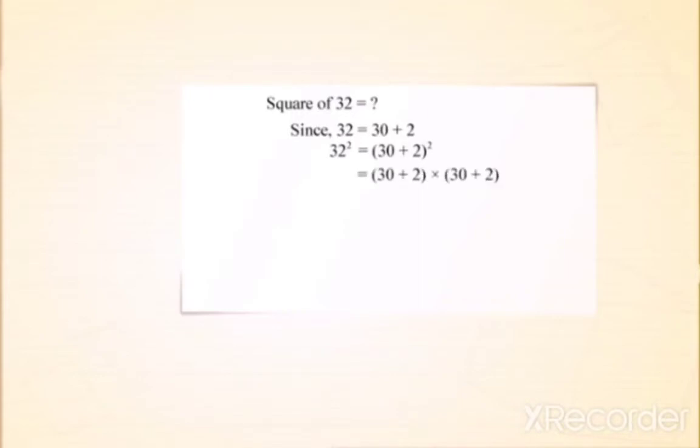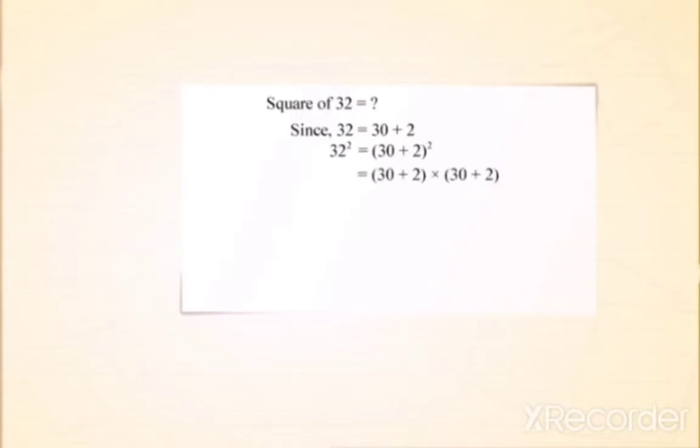Let us try to calculate the square of 32. Since 32 is equal to 30 plus 2, 32 square is equal to (30 plus 2) whole square. This can be expressed as (30 plus 2) into (30 plus 2).